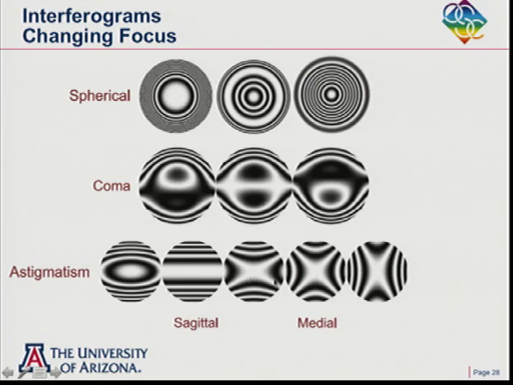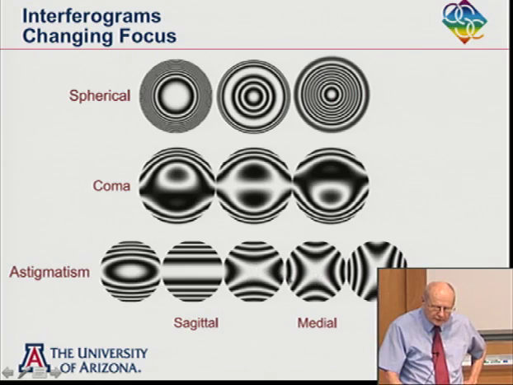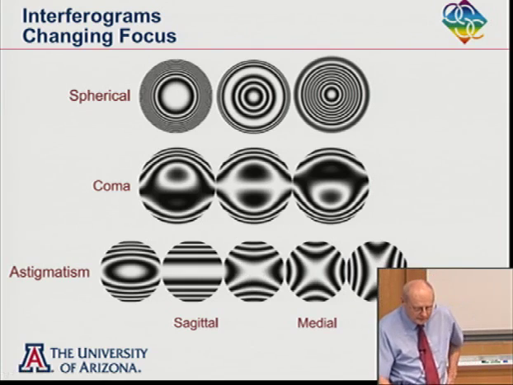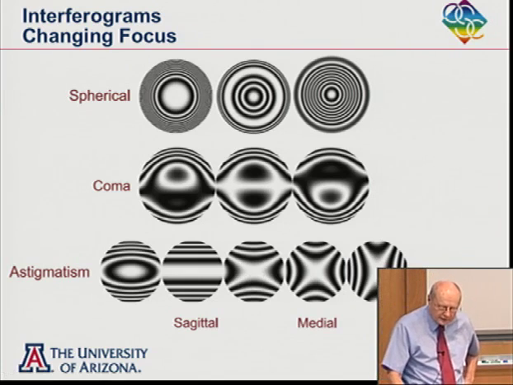As I go in the other direction, instead of being wider spaced in the vertical, it's going to become wider in the horizontal. And then I keep adding in defocus until I get to my line foci.